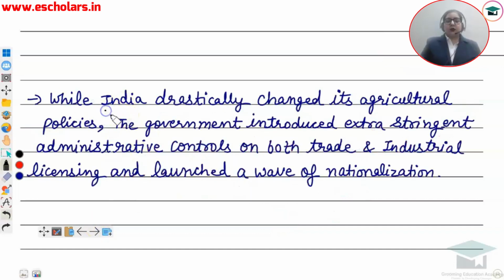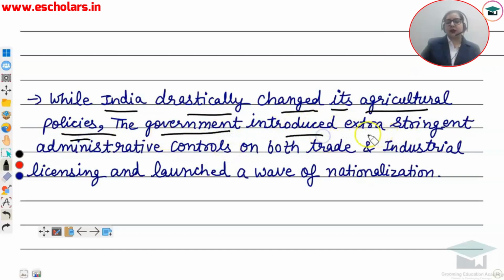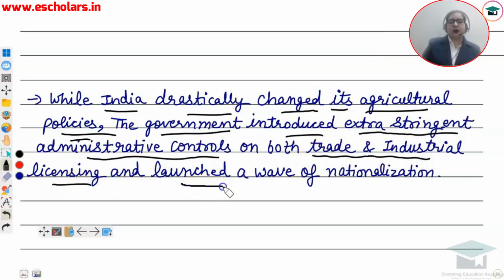Now, so Green Revolution was one of the agricultural policies used by India, right? So India drastically changed its agricultural policies. Now the government of India introduced extra stringent, that is extra strict, administrative controls on both trade and industrial licensing, and launched a wave of nationalization.